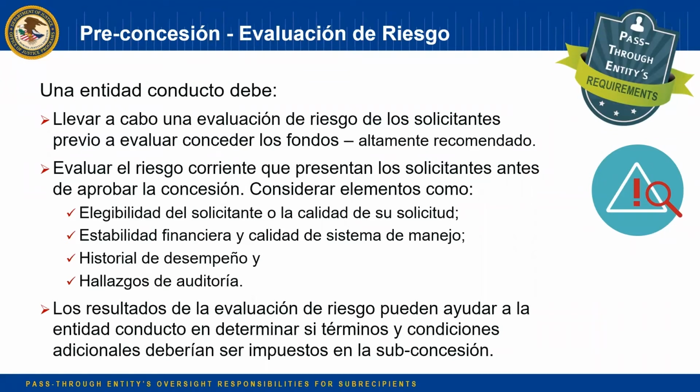Prior to making the award, you're in a better position to place various types of special conditions based on what you found, and have them make those adjustments or changes throughout the sub-award. You want to evaluate the possible risk of that particular applicant.